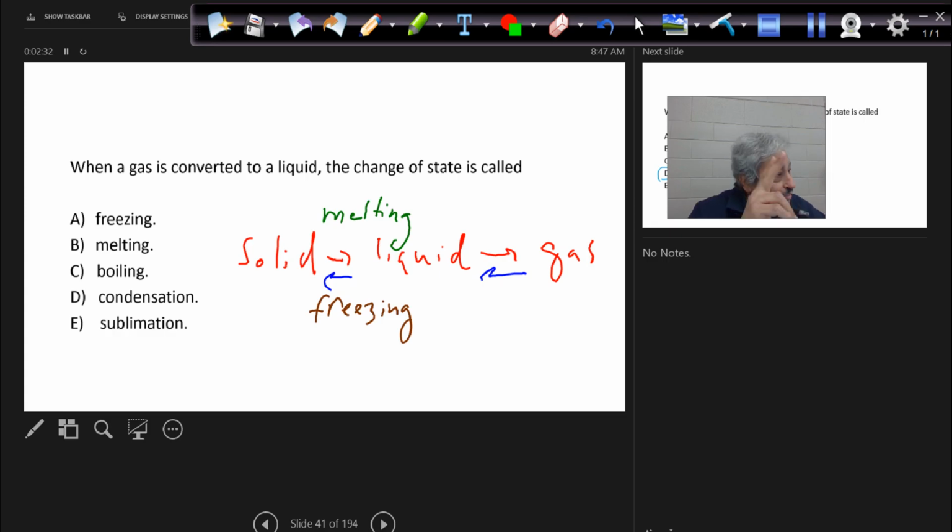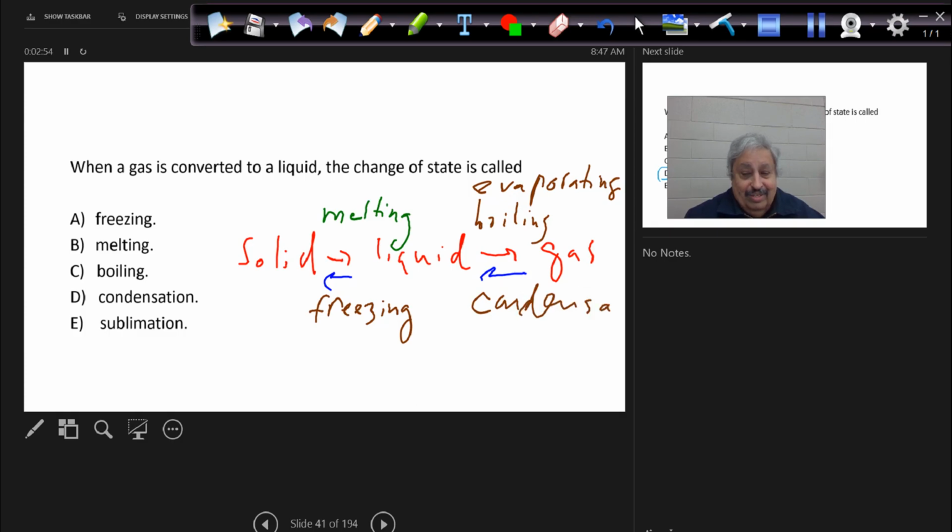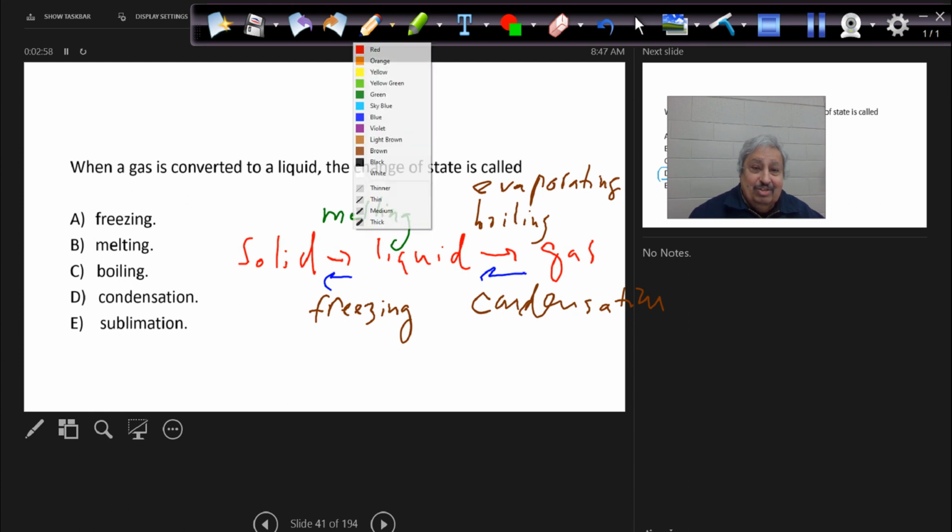We have two things. We can call it boiling, or what's the other word? Evaporating, or evaporation. How about if I want to go from gas to liquid? I do what? Condensation, correct? Now, this is a normal behavior, correct?